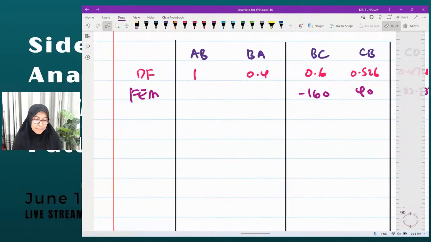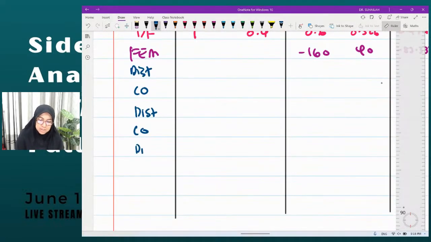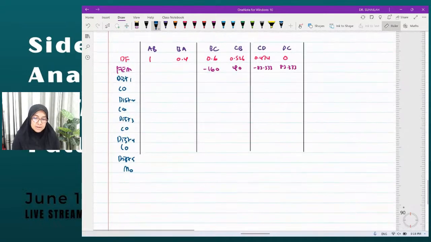FEM, and start with distribution, continue carry over, continue distribution, carry over, distribution, carry over, distribution. 1, 2, 3, 4. Carry over, continue distribution. 5, and find the total moment.